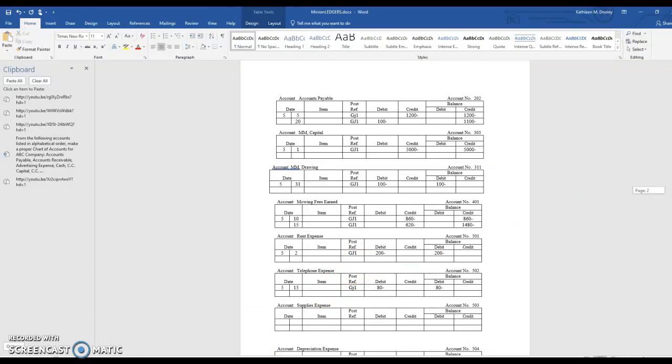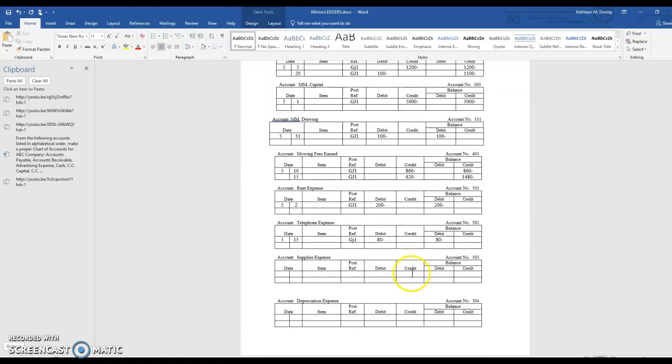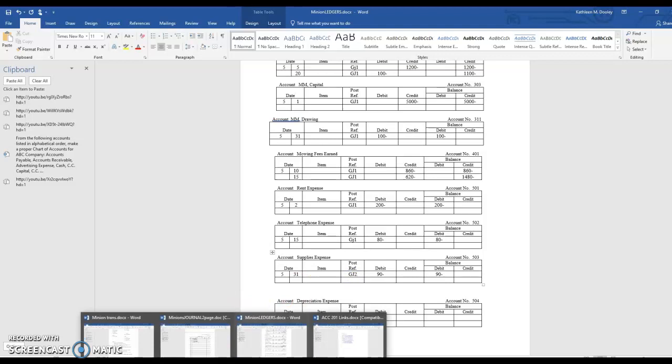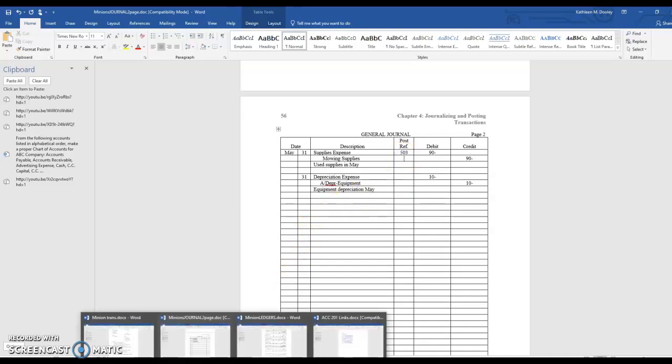So I have a debit to supplies expense. And that was a debit of 90. So my new balance is 90. And that was General Journal page 2. That's account 503. We have the mowing supplies.